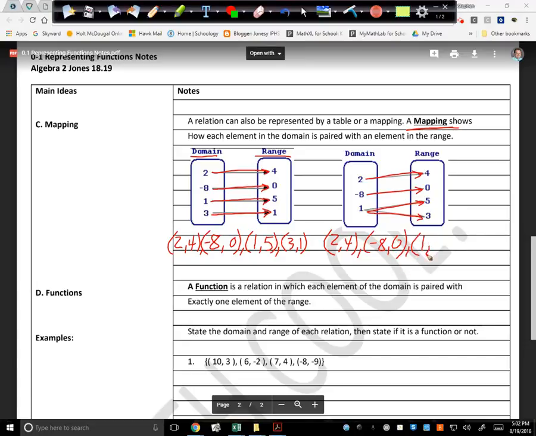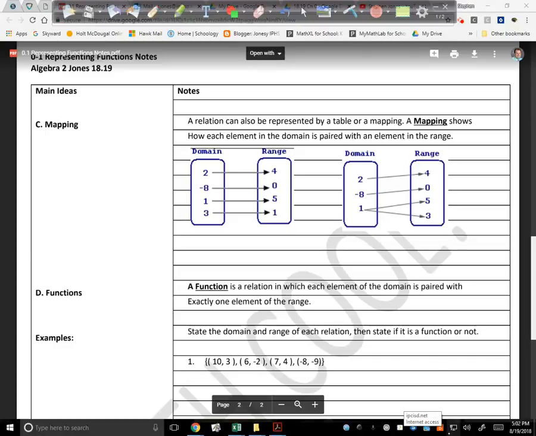We've got 1 and 5, and we've got 1 and 3. So the domain element 1 goes with both 5 and 3. So that's going to give us 2 separate points. So we still have 4 points in our relation, but 2 of them have the same domain value. And because it's a relation, we don't really care. That works just fine.